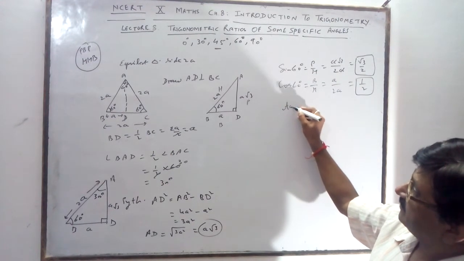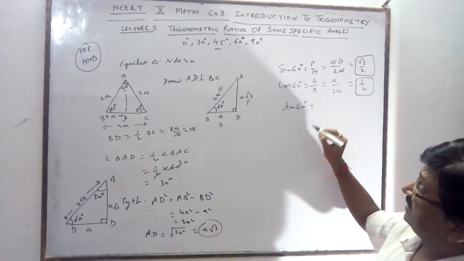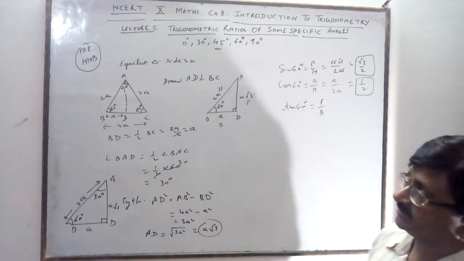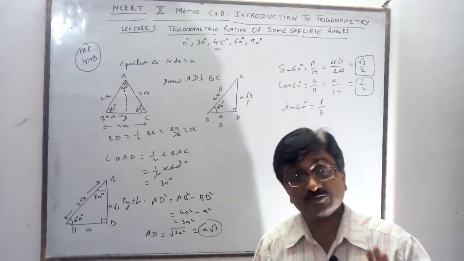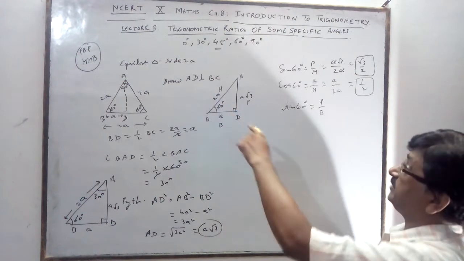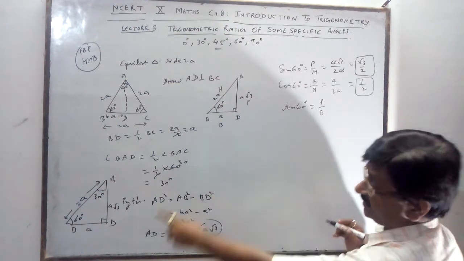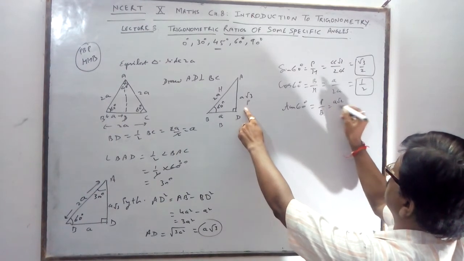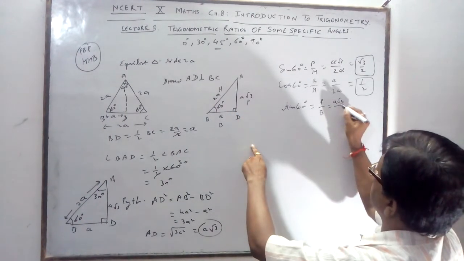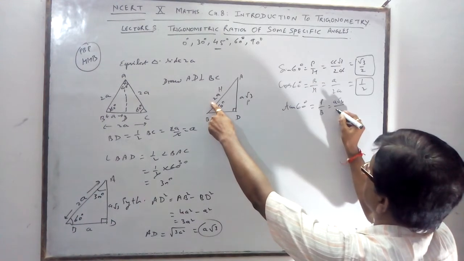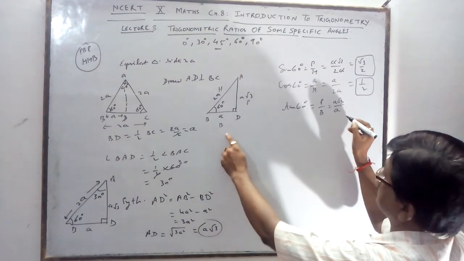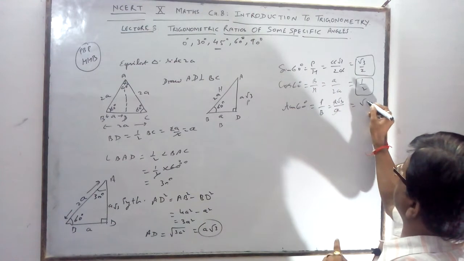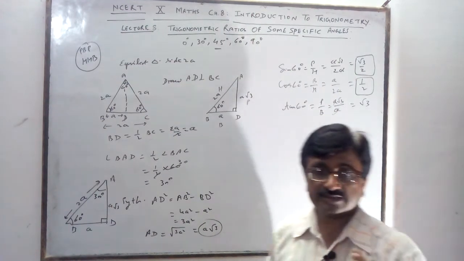Tan 60 is P by B. According to this, what is the perpendicular for this 60 degree? I am not taking 30. Perpendicular is A root 3 upon 2A. A upon A, this is base. So A and A cancel, what are you getting? Root 3. Tan 60 is root 3.